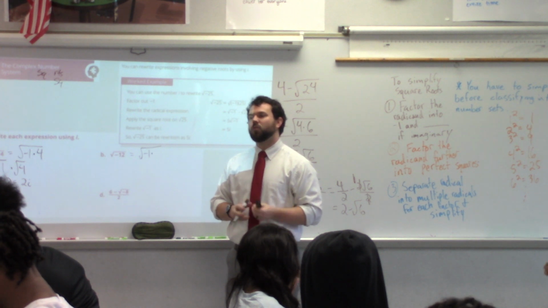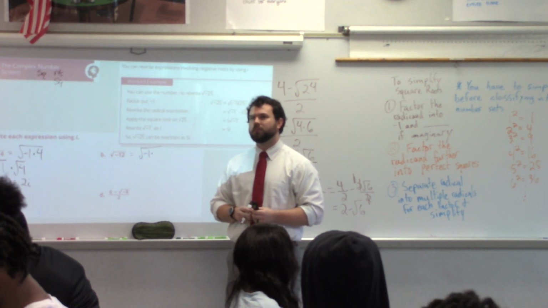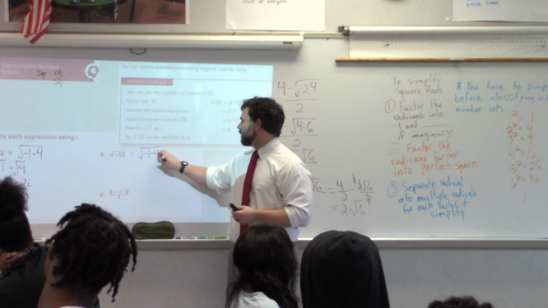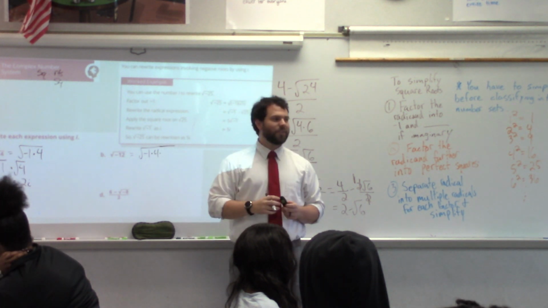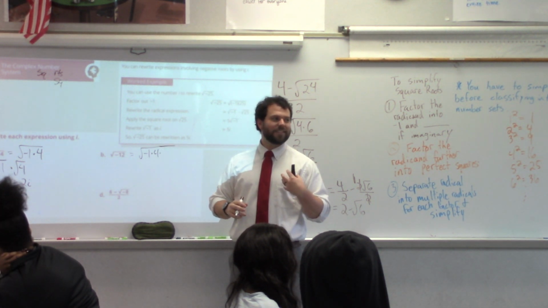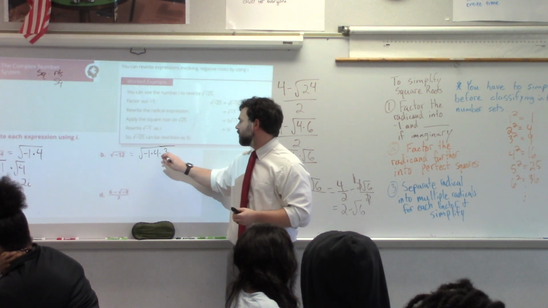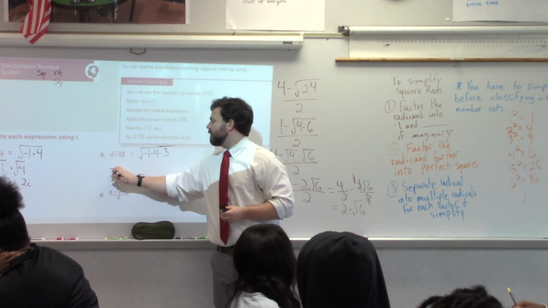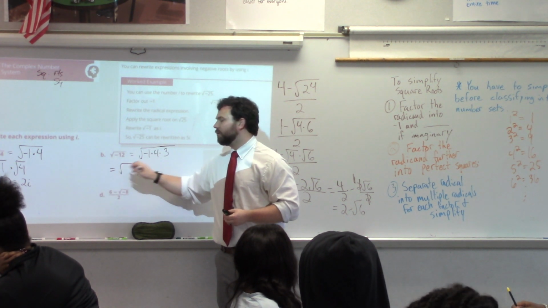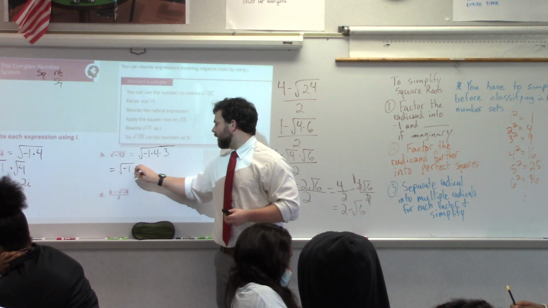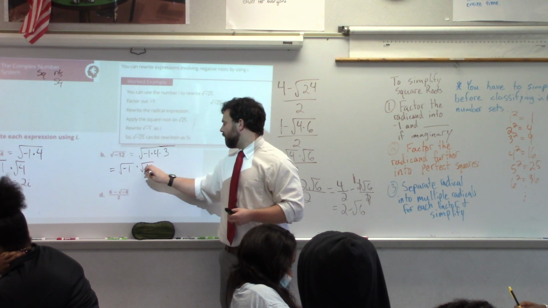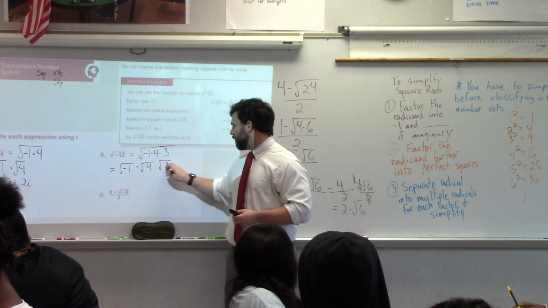Are there any perfect squares that are factors of 12? 4 and 3. 4 times 3 would give me 12, right? Remember, I want factors, not multiples. So be careful about that. 4 times 3. And so, I'm going to separate those radicals. Square root of negative 1 times square root of 4 times square root of 3.